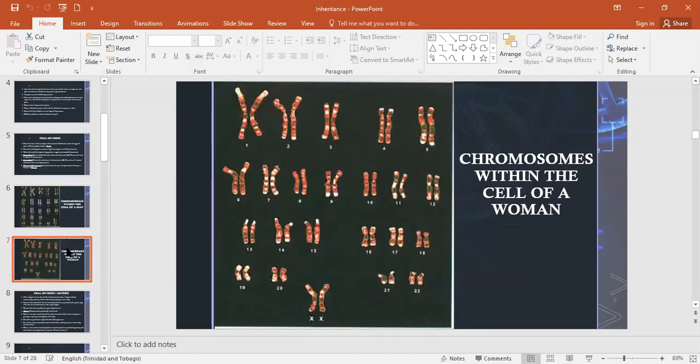So what do we mean by homologous chromosomes? What do we mean by homologous chromosomes, and what is a homolog?